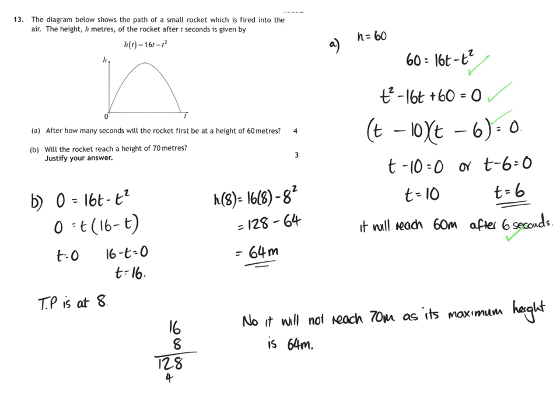Okay, so then for part B, you get 1 point for the method, knowing that the turning point is at 8, so halfway in between, 1 for calculating the maximum height, and then 1 for communicating your conclusion. So no, it will not reach 70 meters as its maximum height is 64. You don't get the last mark unless you've communicated that you know why it won't reach 70. You can't just say no without any explanation to get that third mark.